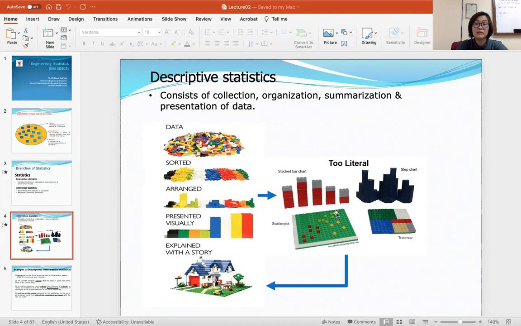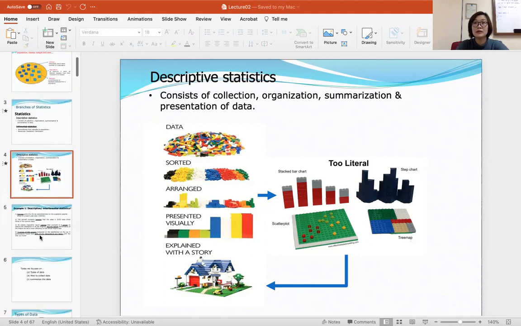Then we try to summarize it and present the data as explained with a story. Among all the data, I have the highest in blue, and I can further explain that and turn it into a story. Can you imagine that? That's what statistics is about.